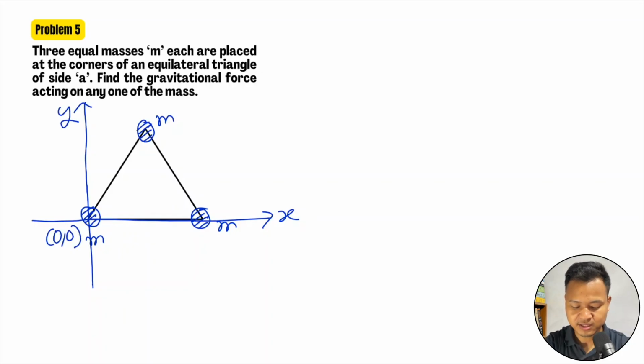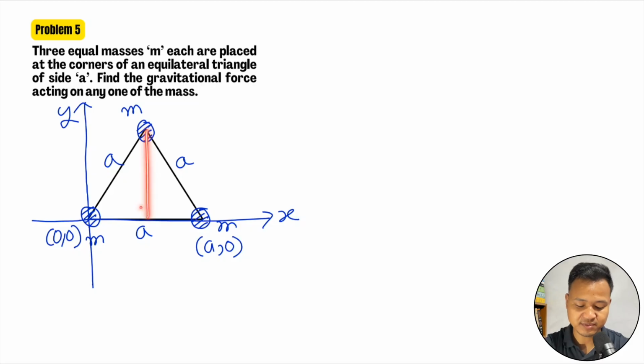The first mass is at 0, 0. Each side is A, so the next is at A comma 0. For the equilateral triangle, the third mass is at the height, so the height will be root 3 into A by 2. The next thing is from the center to this point, which is A by root 3.